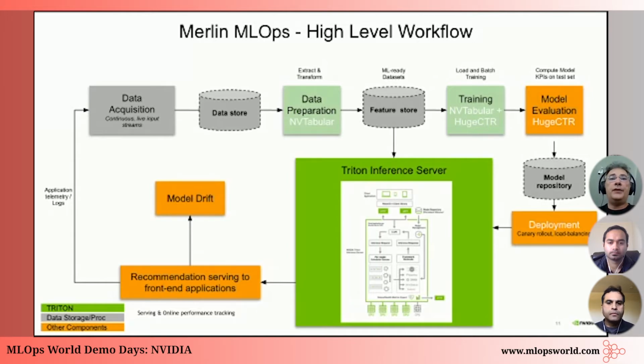Triton runs inference and sends the results to the client through gRPC or HTTP endpoints, as we have seen before. This data, together with the reply from the client, is used to monitor model drift, which means you can monitor how your recommender is performing.